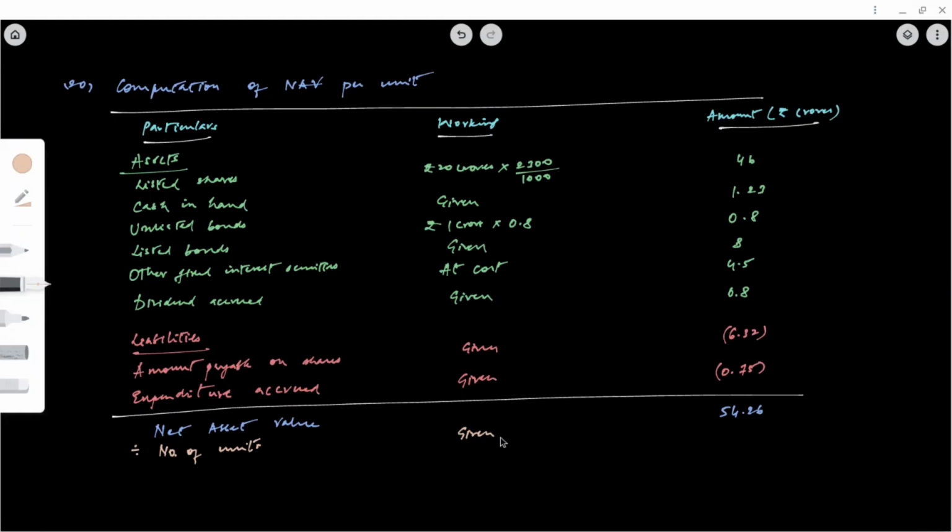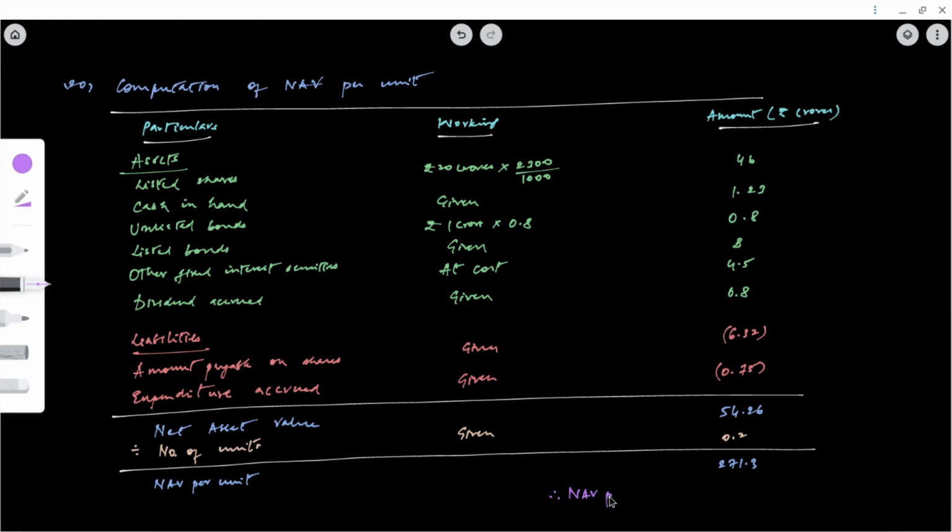It is 20 lakh, that is 0.2 crores. Therefore, NAV per unit is 54.26 divided by 0.2, which is 271.3. NAV per unit is rupees 271.3. This is the solution.